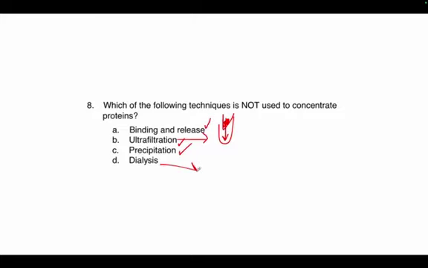But when we do dialysis, right, what is happening is we have a dialysis bag, right? It's clipped on both ends like this. And we're going to keep it in a beaker containing our buffer. Well, I'm sure you're familiar with the principle of osmosis. So what is happening here is that the solute concentration is higher, and here the solute concentration is lower. So what is going to happen is to equalize these concentrations.